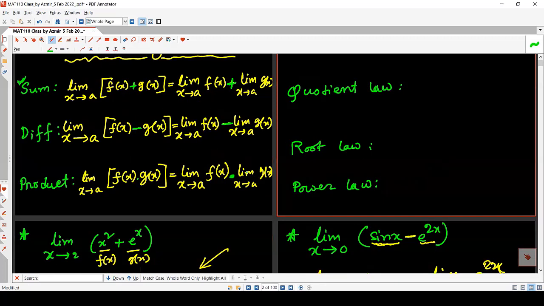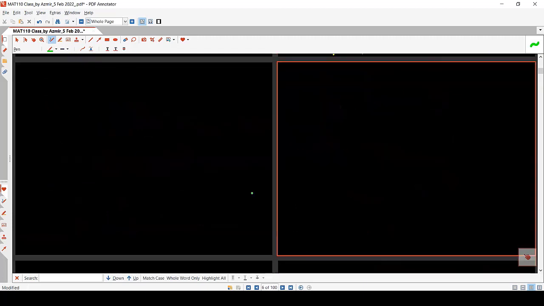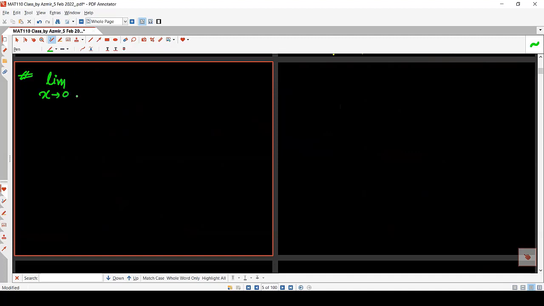So let's have another example. This time the example is for the product law. So suppose we have to compute limit x is approaching to 0 sine x plus x squared plus 1 times e power x.